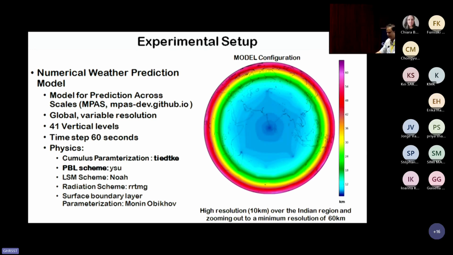Basically, this is a model for prediction across scales, and the configuration that we have made is high resolution for the Indian region, that is around 10 kilometer, and it has a variable resolution that we have made coarser outside the Indian Ocean region. So that goes up to 60 kilometer, and the model has 41 vertical levels, and it has all the state-of-the-art physical parameterization schemes for convection, boundary layer, or the radiation.